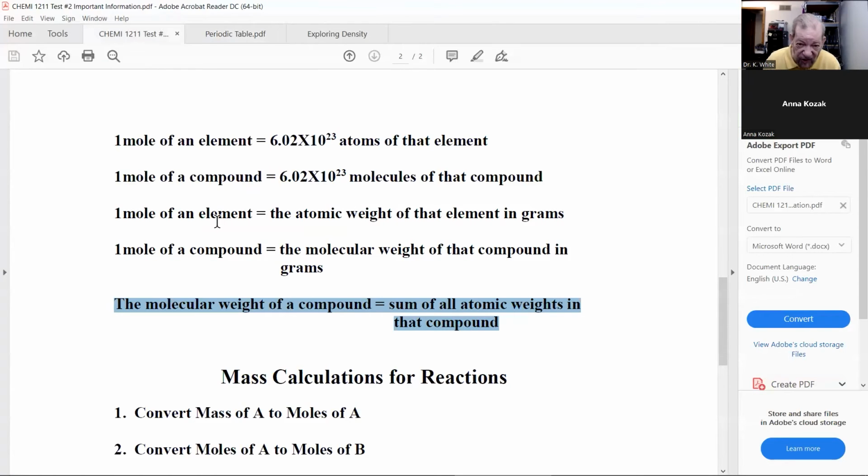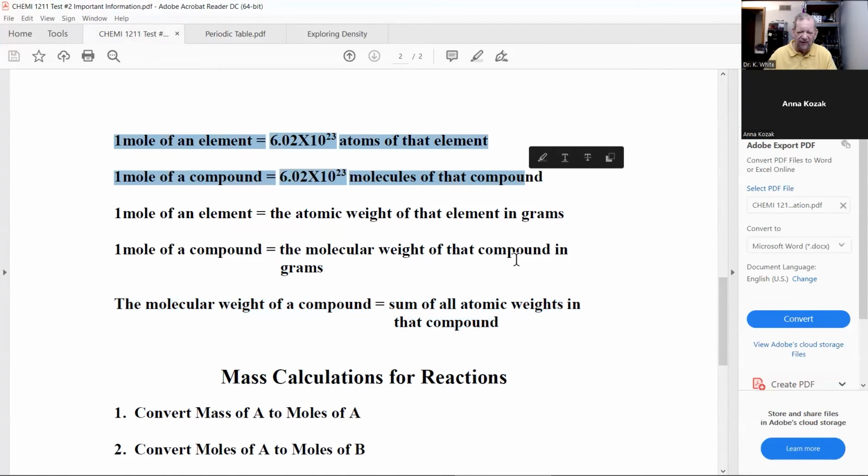You have to know how to use them, but in the past, students would have to memorize what I've just highlighted in blue, that 1 mole of an element is equal to 6.02 times 10 to the 23rd atoms of that element. 1 mole of a compound equals 6.02 times 10 to the 23rd molecules of that compound. You don't have to memorize it. This will be in the important information.